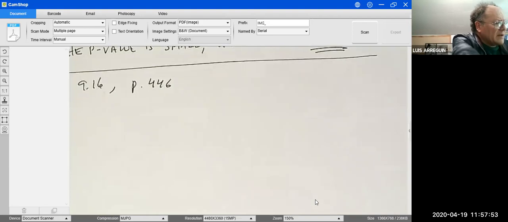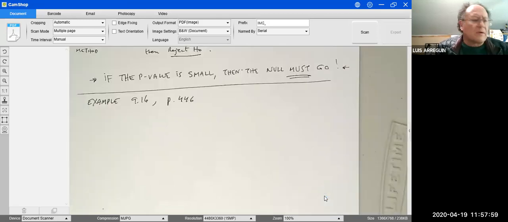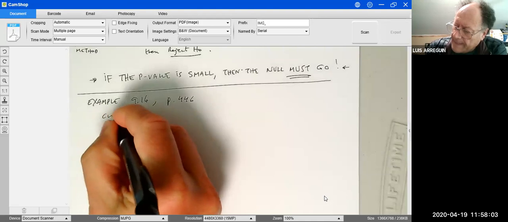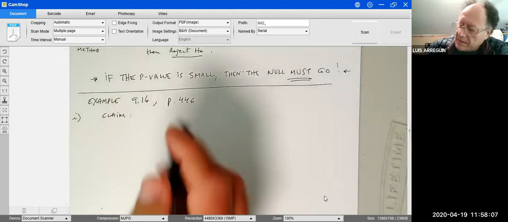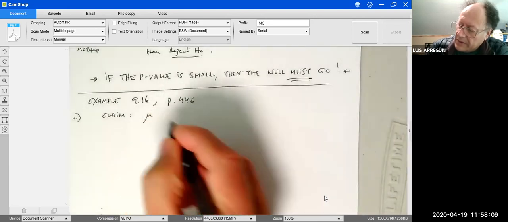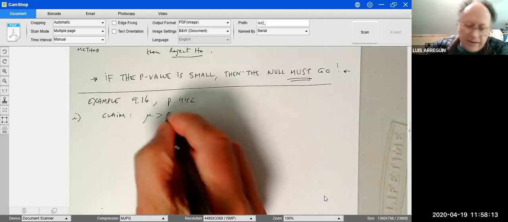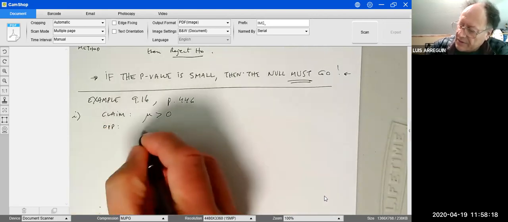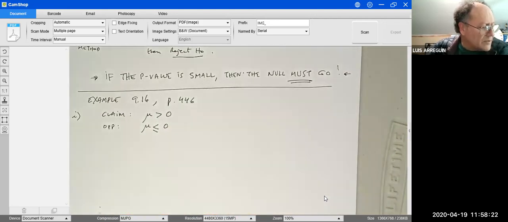So we're going to need to write again the claim, the null, and the alternative in a symbolic way. The claim is that the mean weight loss is greater than 0. The opposite of this claim is just going to be mu less than or equal to 0.